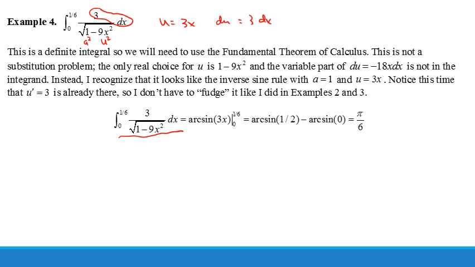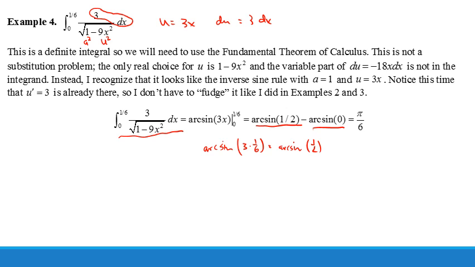Okay, so remember by the fundamental theorem of calculus, I plug in the upper bound first, so that's how I get arc sine of 3 times 1/6, which of course is arc sine of 1/2, okay, which is right here. And then arc sine of 3 times 0, of course, is just arc sine of 0.